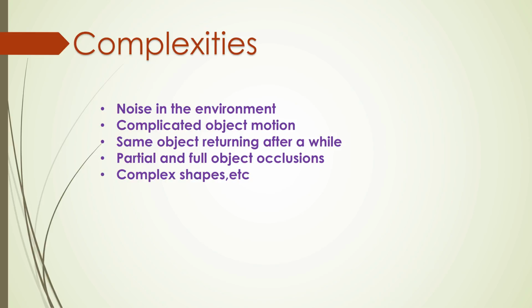We should identify the object when it enters the frame again. Similarly, partial and full object occlusions and complex shapes of objects while in motion. If we are tracking an object such as a human in motion or an animal that is moving, then there is also a change in the shape of the object that has to be taken into account when the object is in motion. So these are the complexities that have to be kept in mind.